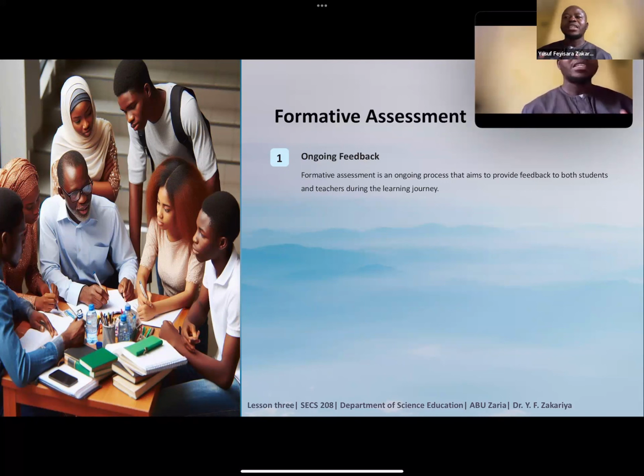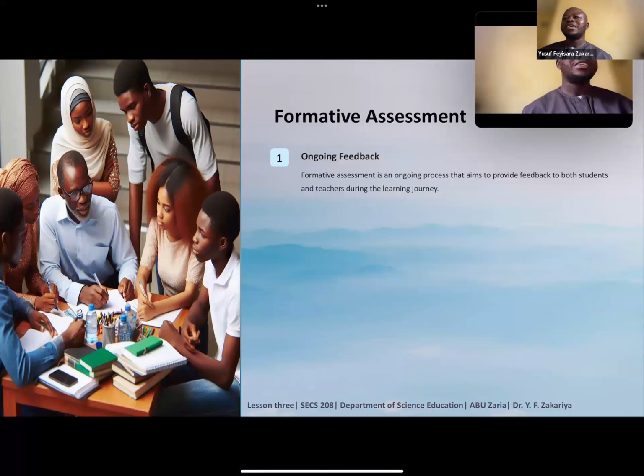So formative assessment is an ongoing process that aims to provide feedback to students, and in which the teacher will also learn along the way. Usually we concentrate on the students, but in the real sense, teachers also get feedback from the students, which can be used to shape his teaching. Maybe through interaction with the students, he finds out that they have a misconception about what he has taught.